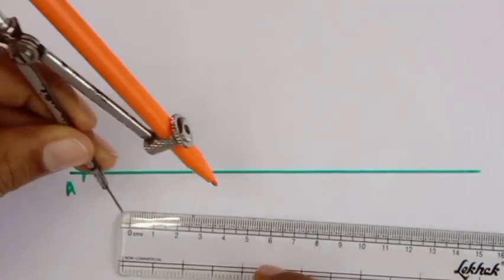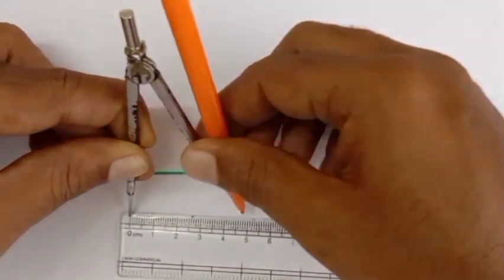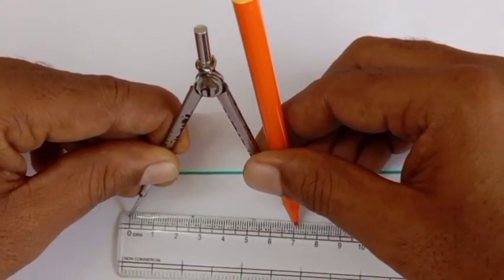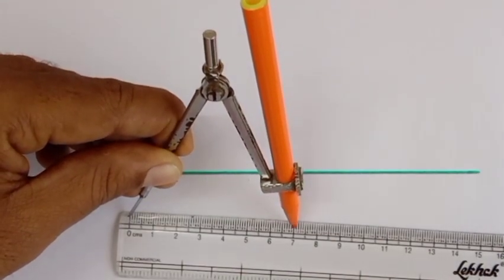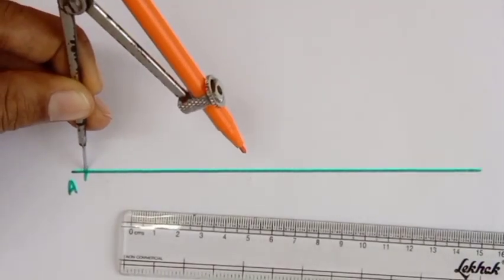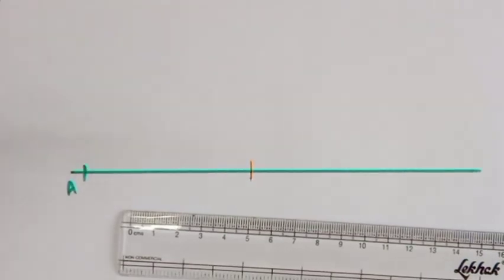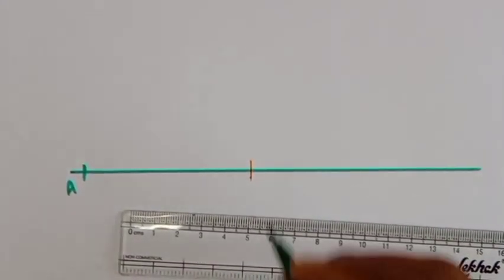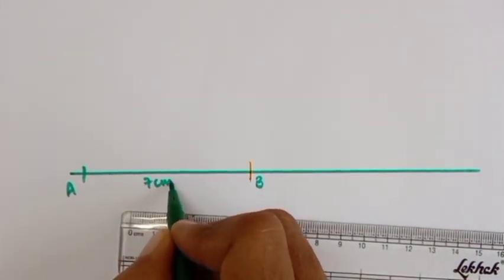I am taking it as 7 centimeter, and I will be measuring it as 7 centimeter. You can check it here. And then I should cut an arc on this line, which measures 7 centimeter, and I will name it B.